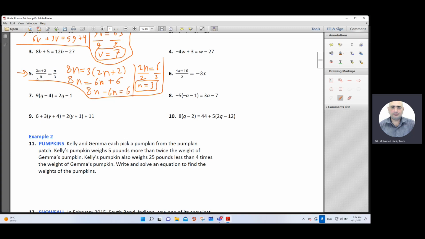Hello. Abbas. For number 6, we can do a cross product or we can multiply the two sides by 2. The same idea, okay?